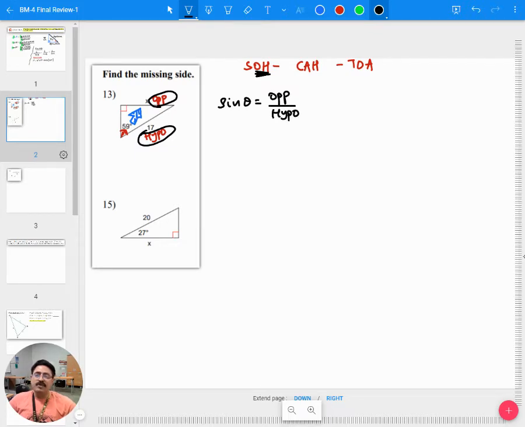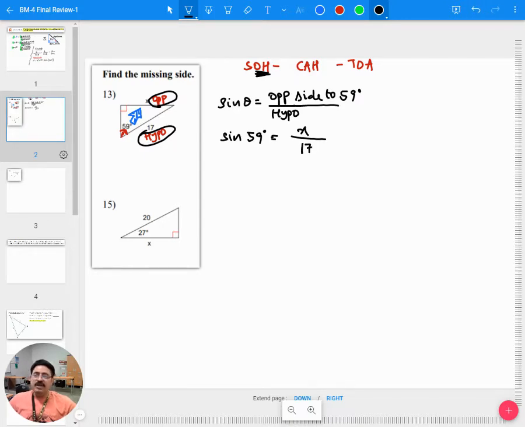I personally prefer to write it completely: opposite side to the angle. Here the angle is 59 degrees, right? Therefore, sine 59 degrees equals the opposite side to 59 degrees, which is missing, x units, over the hypotenuse, which is 17.